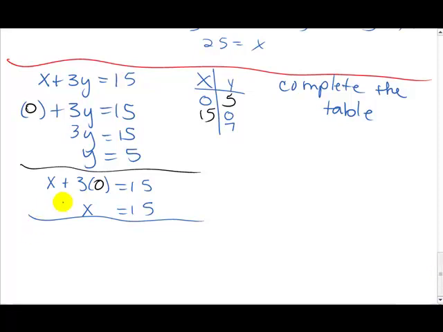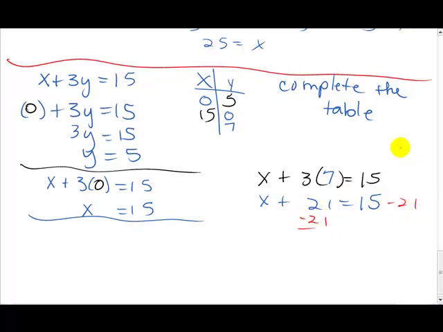Then we're going to do it again with this time 7 for the y. And we'll have to move the 21 over by subtracting. So minus 21, minus 21. And x is going to equal a negative 6.